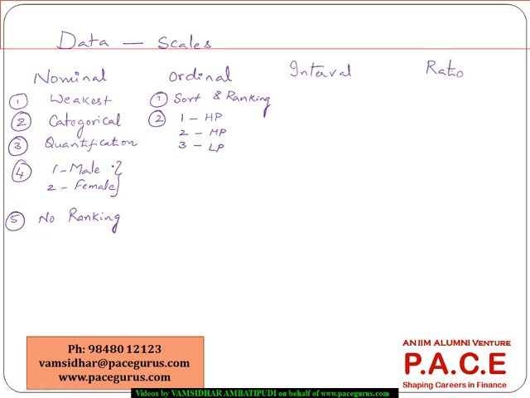Whereas here there is no such kind of a ranking. Here also I am doing the categorization of the data only. It's still categorical data, with a quantification being done to that categorical data, but the only difference is that here there is some kind of a ranking.